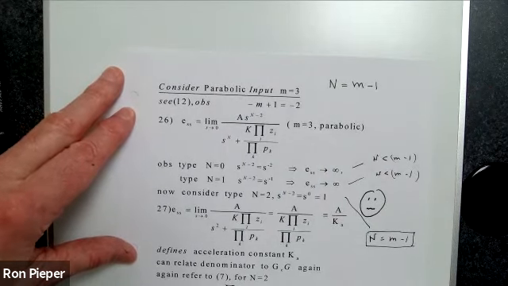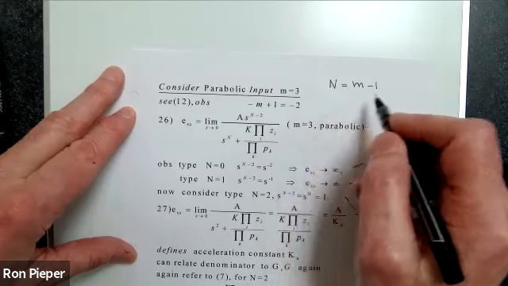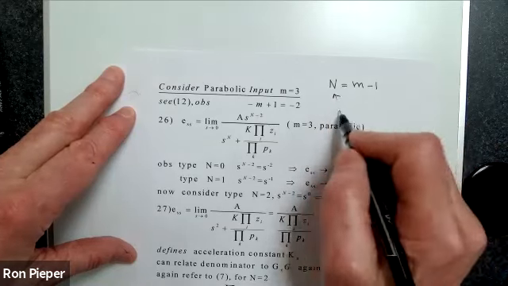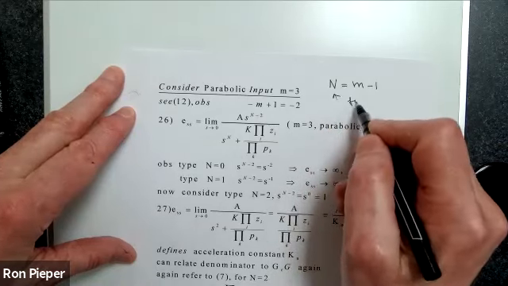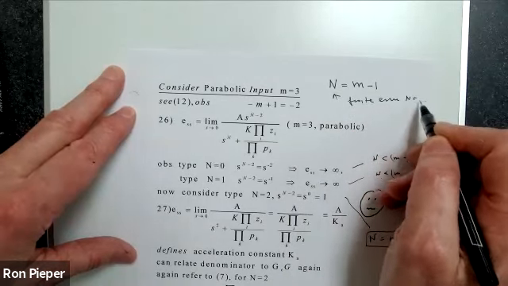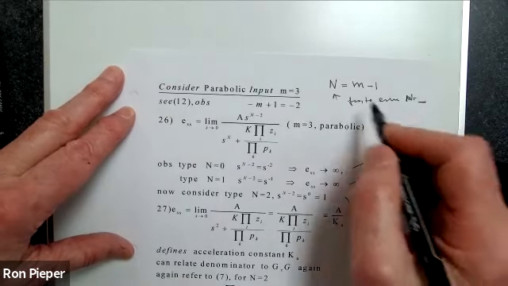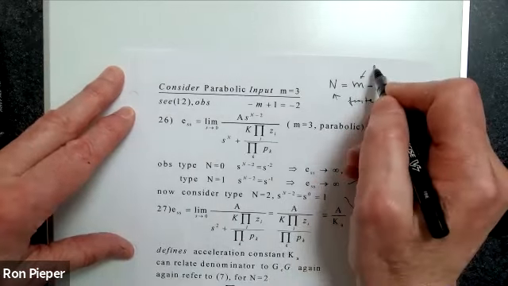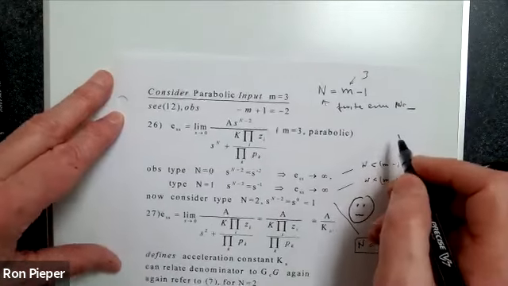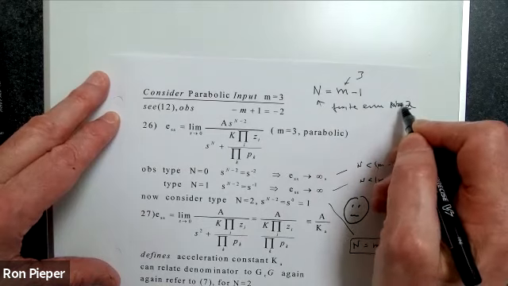So maybe to no surprise, if m is 3, what type would give finite error? It would be 2. Type 2.